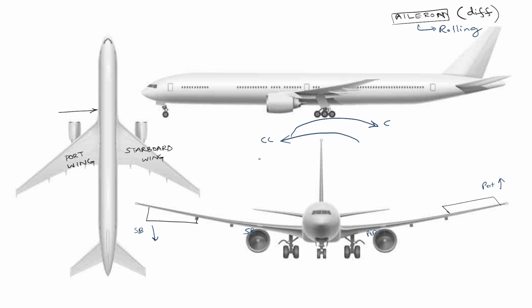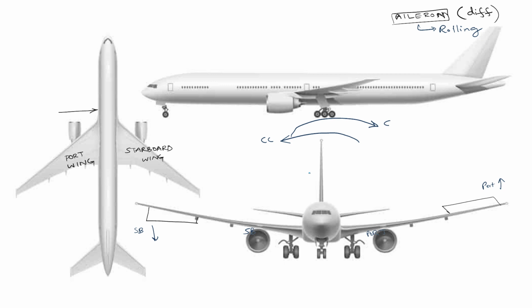Anti-clockwise, ma'am. No. In this particular situation, if the port wing is deflected upwards and the starboard is deflected downwards, which side will it rotate? Anti-clockwise, ma'am. Can you explain this?